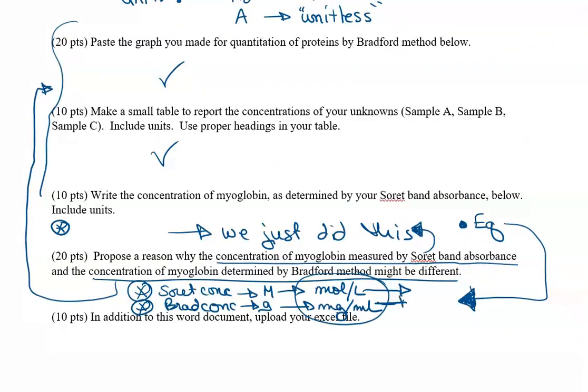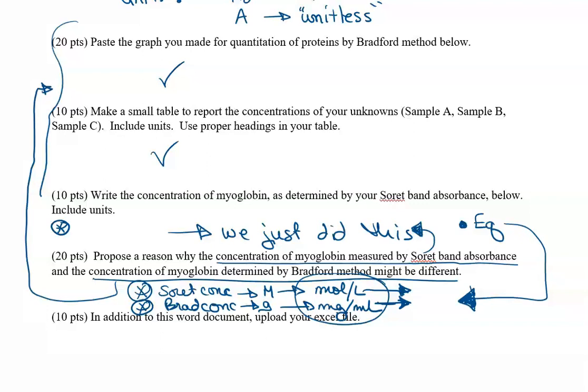So these numbers are going to be different. Why are they different? There are a couple of reasons it could be. The extinction coefficient that was used might not be valid for the equine preparation of myoglobin, because I believe that was calculated for bovine myoglobin.